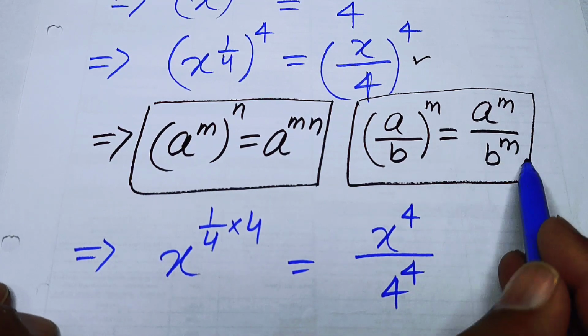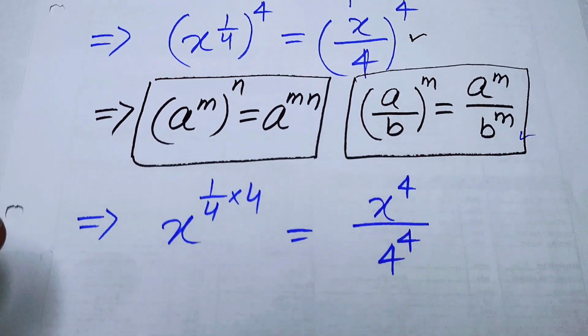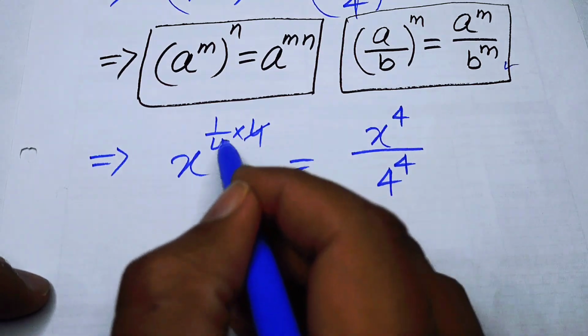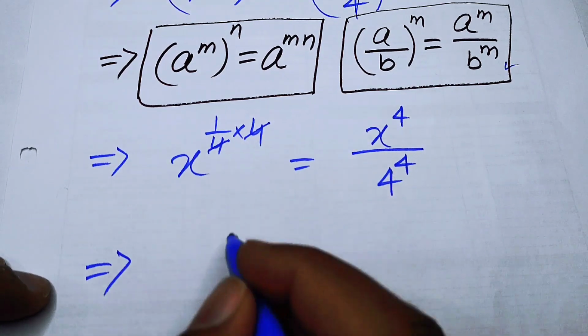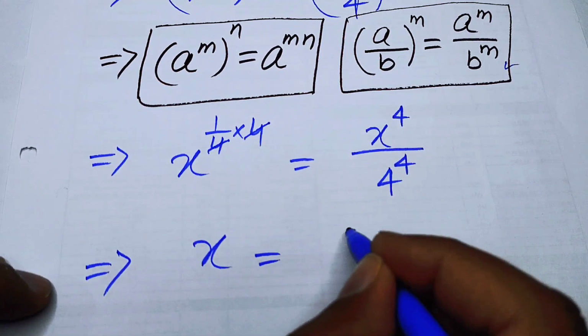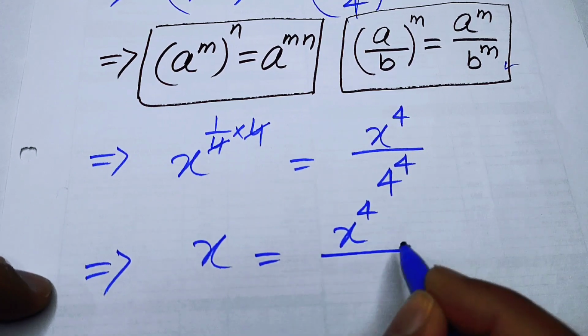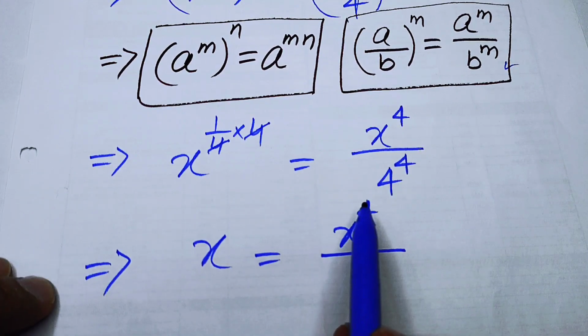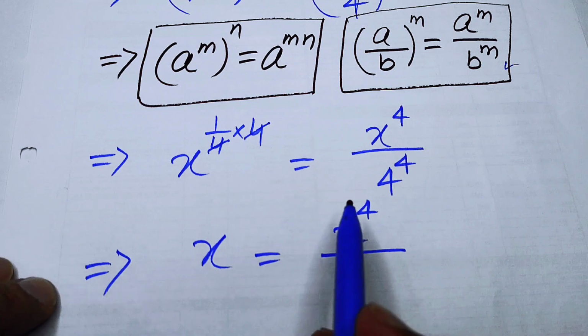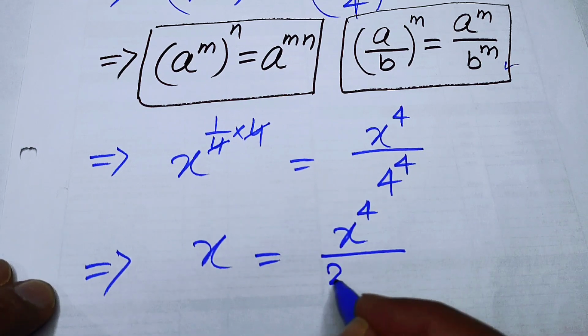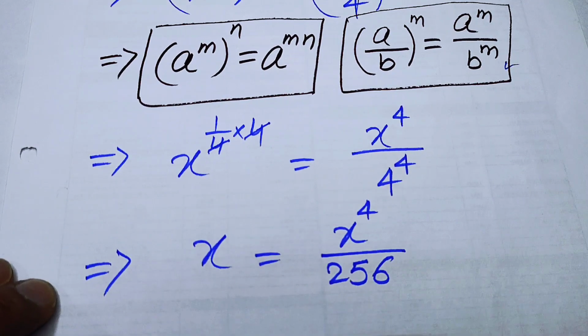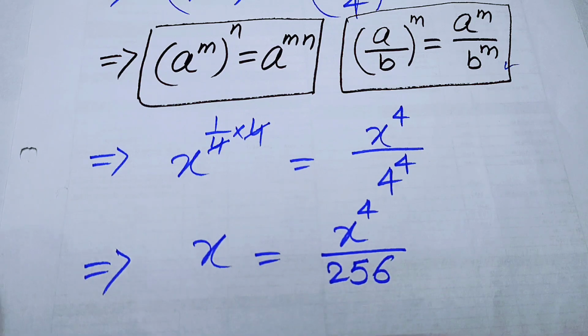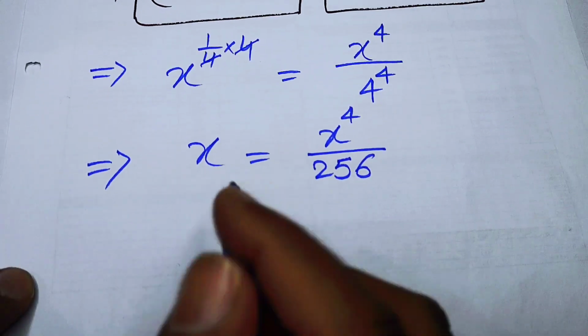Now this 4 is gone, and here we get x is equal to x to the power of 4 over 4 to the power of 4, which is 256.